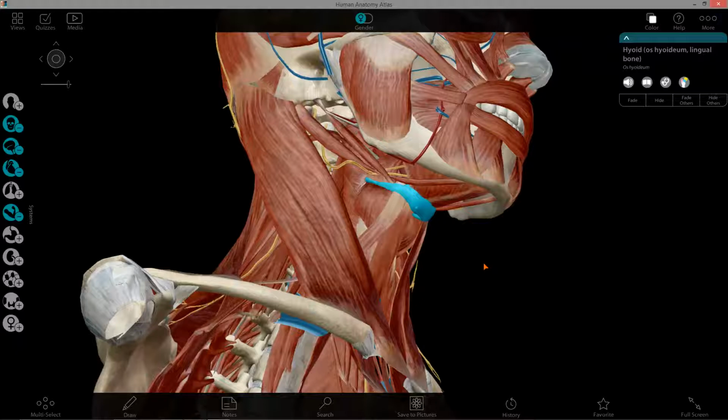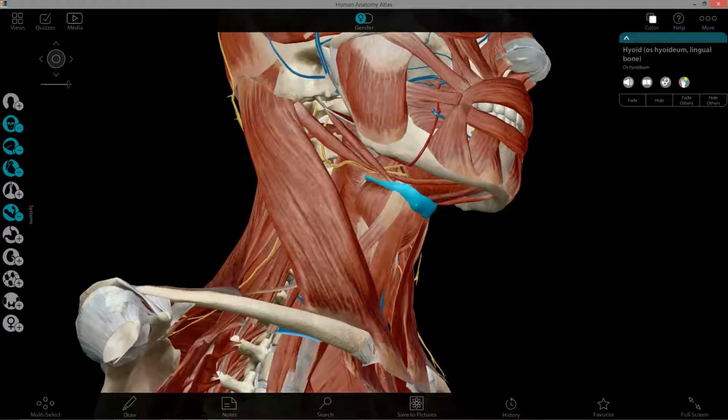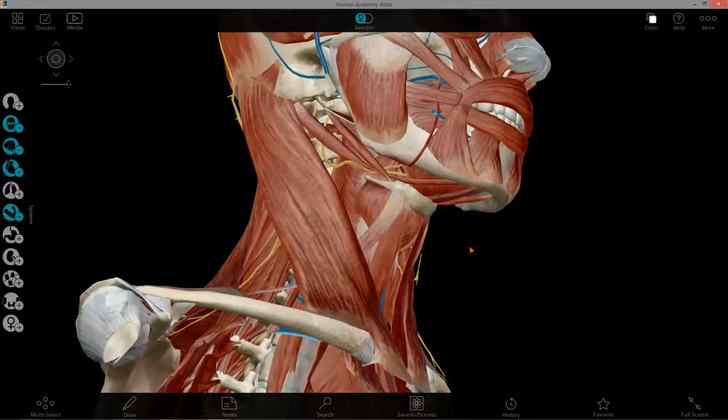So it includes the mylohyoid, the stylohyoid, the posterior belly of the digastric, and the anterior belly of the digastric. Many of these are involved in lifting the hyoid superiorly. And then infrahyoid, below the hyoid, includes the sternohyoid, the thyrohyoid, as well as the omohyoid, highlighted here.